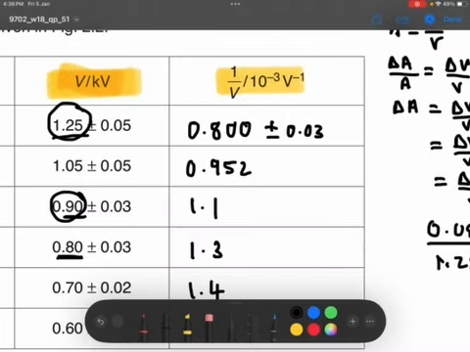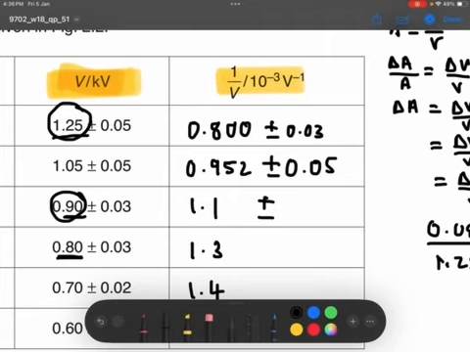It's now 0.05 divided by 1.05 squared, which gives us 0.045. One significant figure is 0.05. Then the next one is 0.03 divided by 0.9 squared.